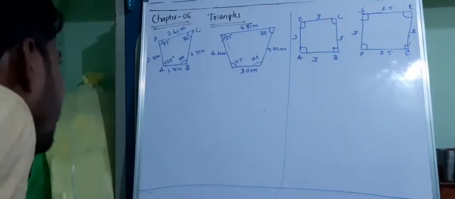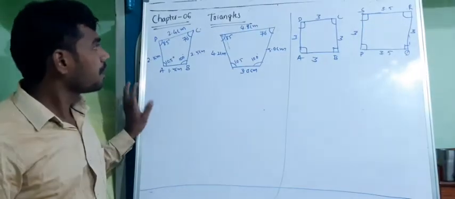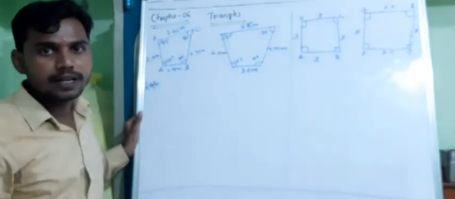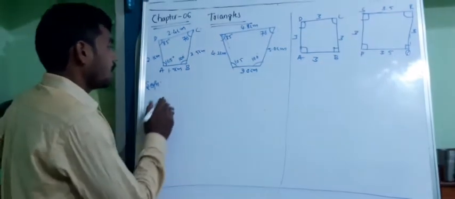Here in this case I have taken two examples. We need to compare these two figures and state whether these two quadrilaterals are similar or not. Whenever such a question is asked, what is the basic condition for two polygons to be similar? First condition is corresponding angles.